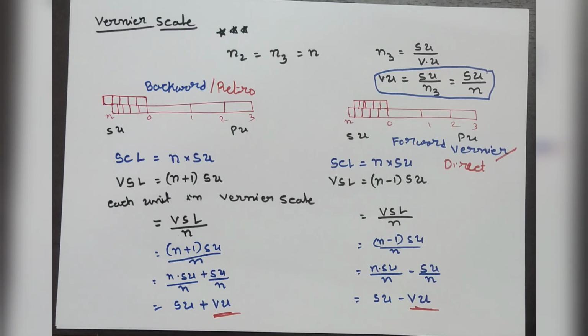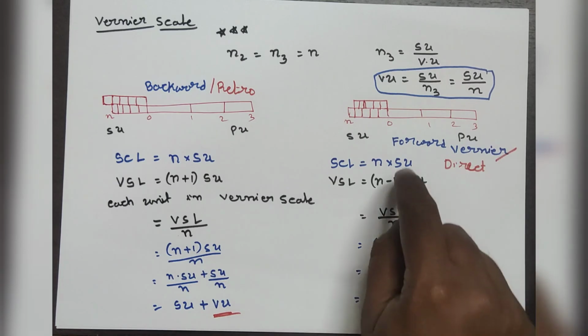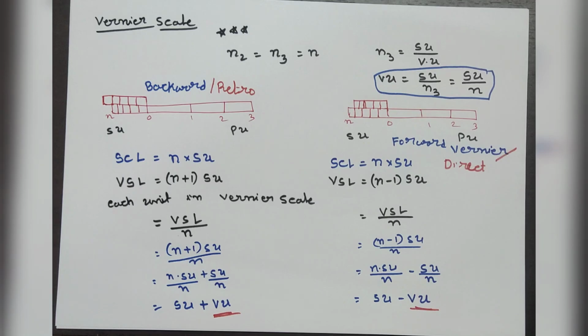The vernier calipers that you are using employ the forward vernier principle. That's why it is called direct vernier. Most of the vernier calipers are using the forward vernier principle. That's why it is considered a direct vernier. Now how to draw the vernier scale and how to measure the distances, those two are most important. Those we will discuss in the next video.